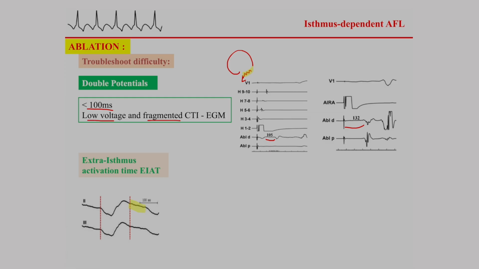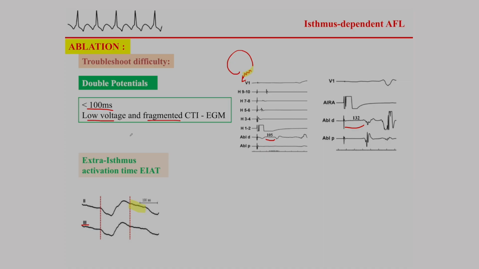So this interval, which we can measure in surface ECG, especially in lead 3, correlates with the post-CTI block activation time and can predict patients who will have a small interspike separation, like in this example, avoiding useless additional radiofrequency application, and also in order to check for another block criteria.